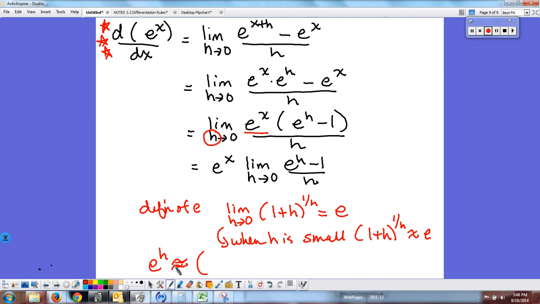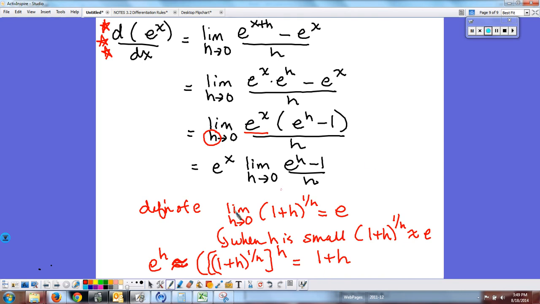So let's do an approximation. When h is small, we can approximate e as 1 plus h to the 1 over h, to the h, because e is what's inside of here. This is e to the h, which is going to give us 1 plus h when h is small.